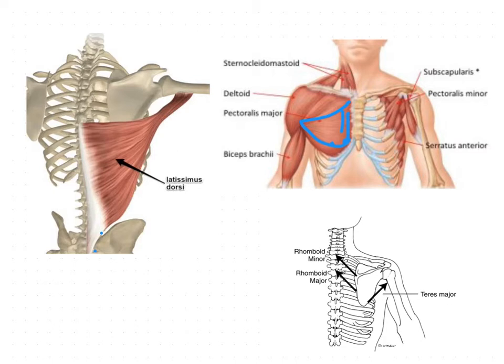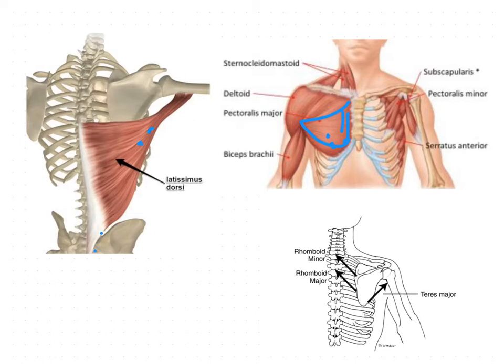So simultaneously on the anterior aspect, the sternal portion of the pectoralis major is also acting parallel to the action of this latissimus dorsi, which is present on the posterior aspect. Okay, so that means this pectoralis major also has adduction, extension and medial rotation of the humerus, whereas this latissimus dorsi has the same function, acting on the posterior aspect of the shoulder complex.